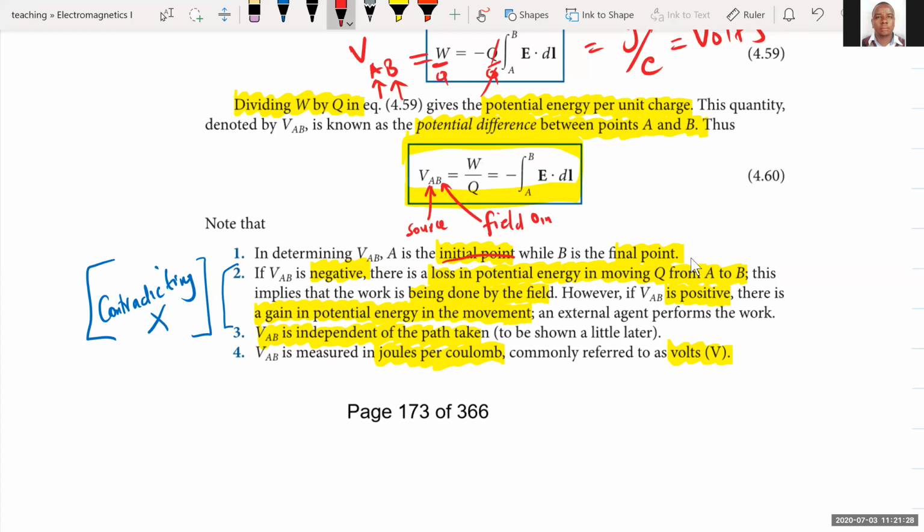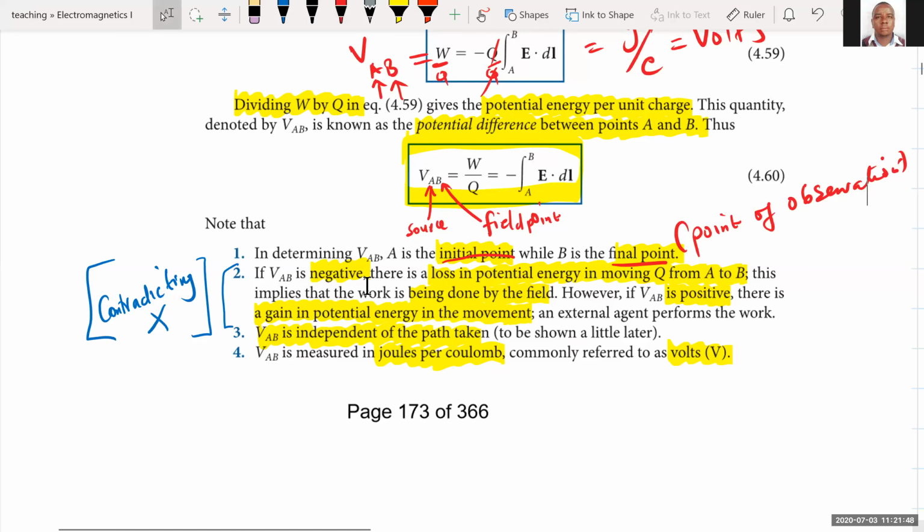The field point we also describe as the final point or the point of observation. Of course, point A is where the work is starting.